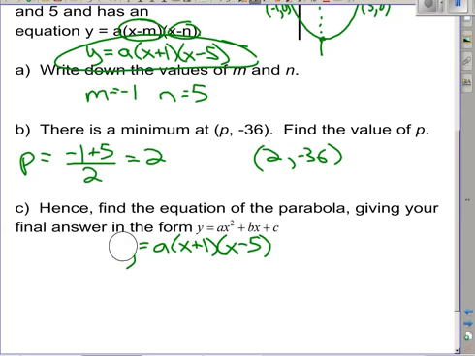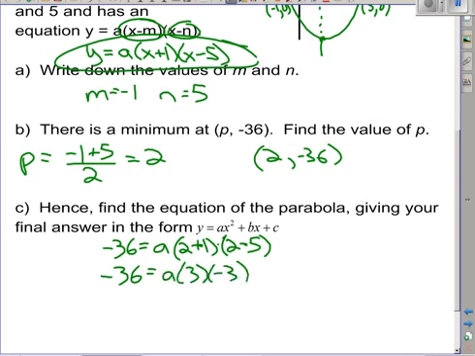For y, I can put in negative 36. For x, I can put in 2. That's going to give me negative 36 equals a times 3 times negative 3, or negative 9a equals negative 36, which in turn says that a equals 4.